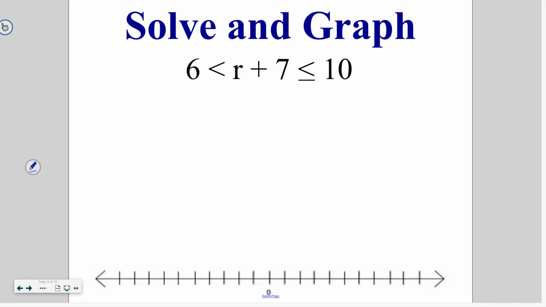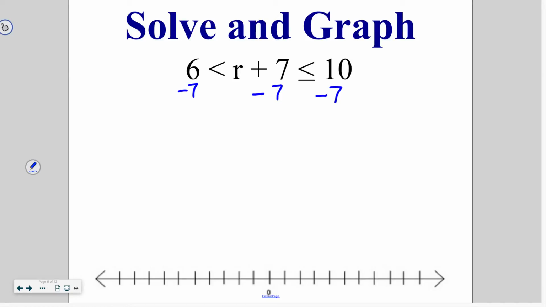This is another way that you will see intersections formatted, written out as one whole inequality. When you are solving problems like this, you are still going to take the 7 away, but you have to do it to both of the other numbers.